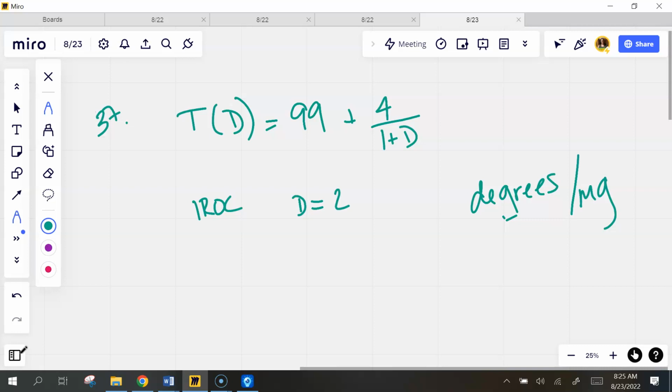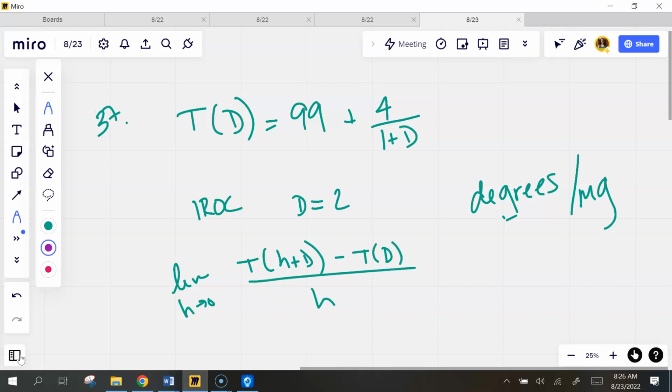Okay, let's do the limit as h goes to 0, and I'm doing T of h plus d minus T of d all over h. And if you didn't write it just that way, that's okay, but I'm doing it at a specific value, which makes it a little easier. I can plug those values in here.